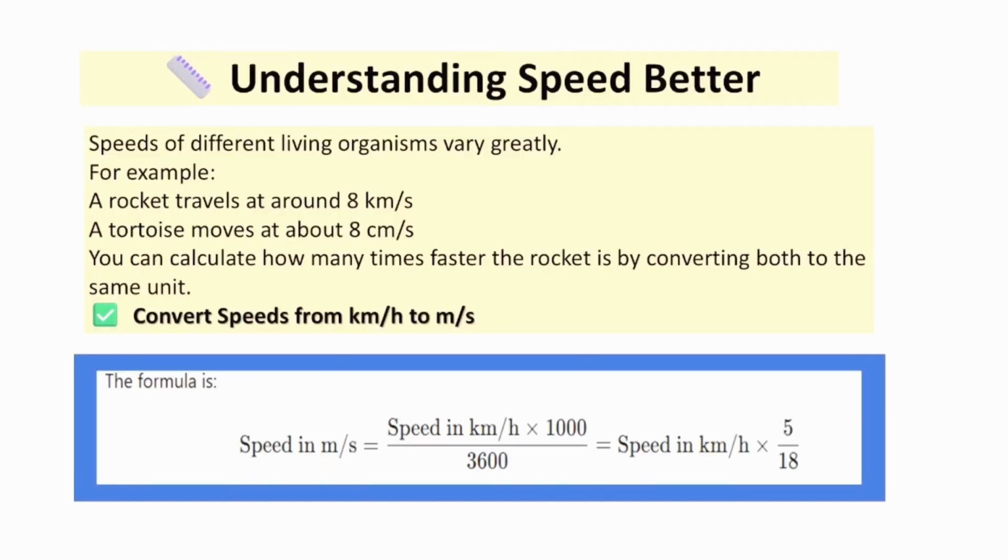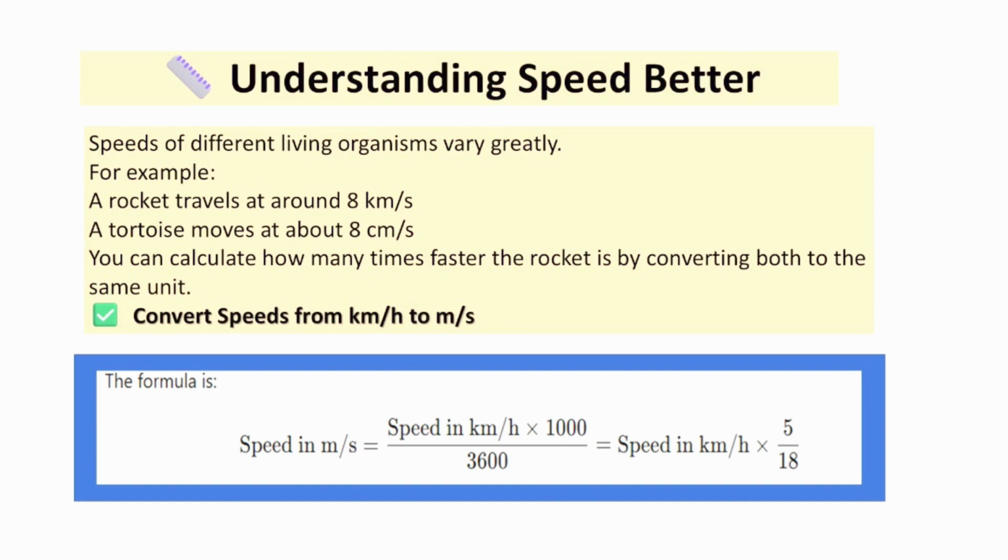For example, a rocket zooms through space at 8 kilometers per second, while a tortoise crawls at just 8 centimeters per second. To compare how much faster the rocket is, we must convert both speeds to the same unit. Here is a trick.